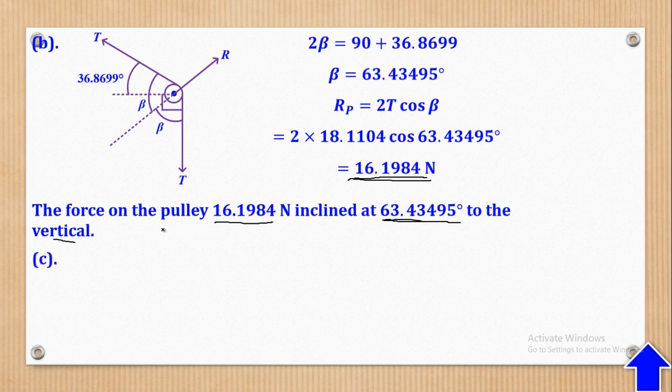So now we shall go to part C, or Roman 3. Roman 3 says they wanted the velocity after 2 seconds of the 3 kilogram mass. Therefore, we shall use the first equation of motion. We know the initial velocity because it was initially at rest, therefore this will be 0. Acceleration, we already got it in Roman 1, which is that. And time, they give it to us in the question, which is that.